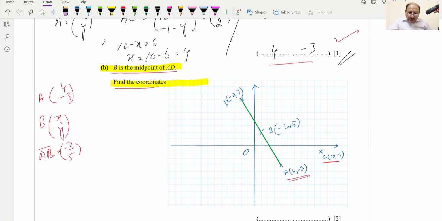And if we check in this same line, because B is the midpoint of AD, in the same line if you check from here to here, you will reach this point. If you check even by scale, this difference will be extending the same, and you will get minus 2 and 7.